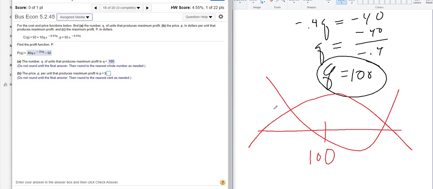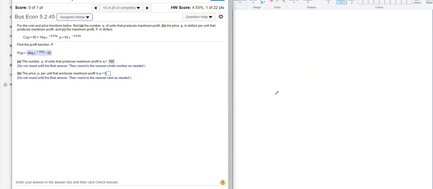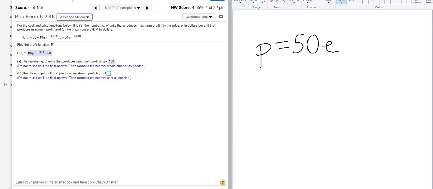And the price that produces that profit is, well, we've got a price formula. So we'll take our price formula, which is P equals 50 e to the negative 0.01 times the quantity, which is 100. So that's going to be 50 e to the negative 1, because when you multiply 0.01 by 100, you get that.